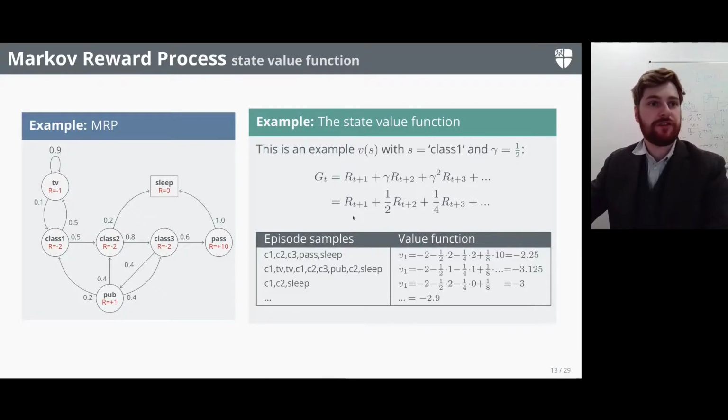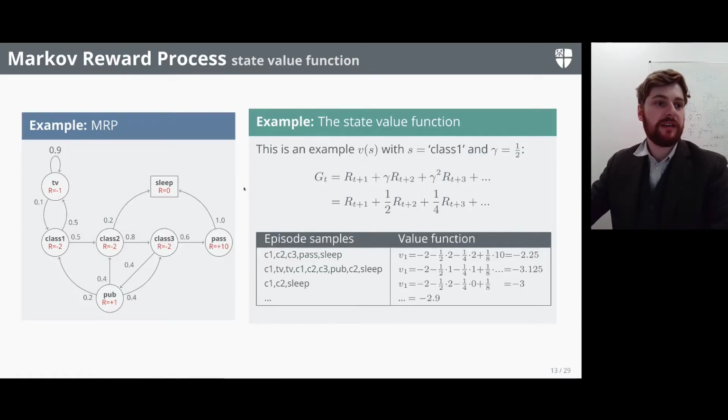Okay, so let's try to look at some examples. This is where we look at the value function for S, and we're just going to say what is the value of being in the state of class 1.